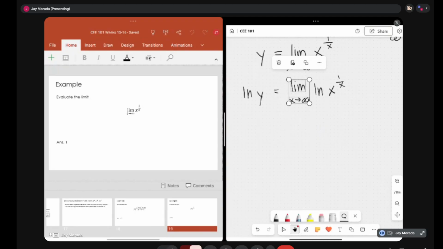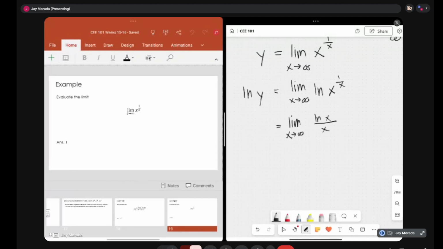Okay, so let's evaluate the ln. Using the rules of logarithms, we could bring down the 1 over x here, and ln x. Okay, that is, no, it's much better to write it as ln of x over x.